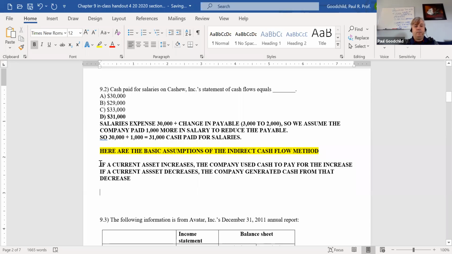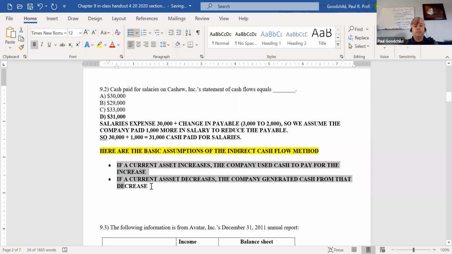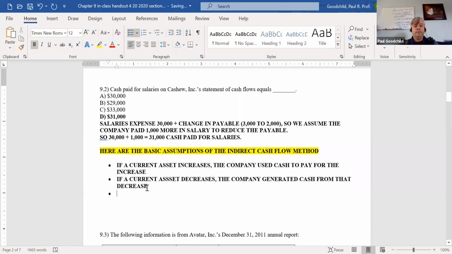If a current liability increases, the company was able to hold on to cash.